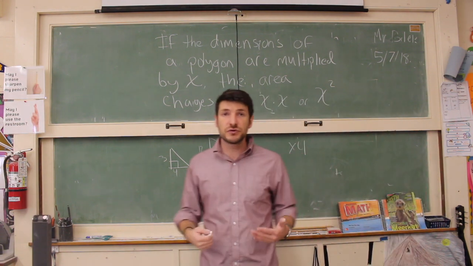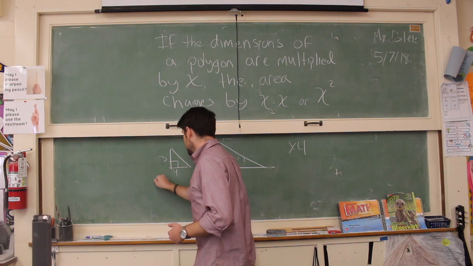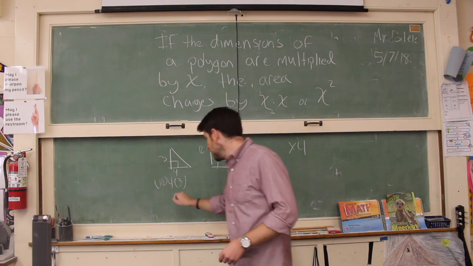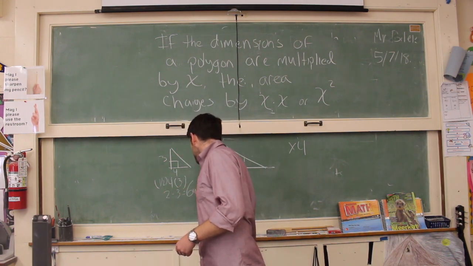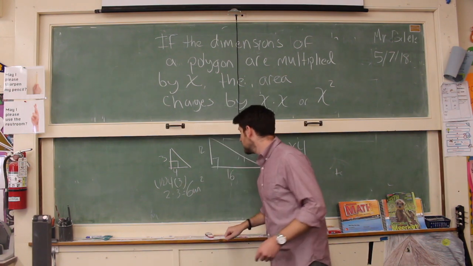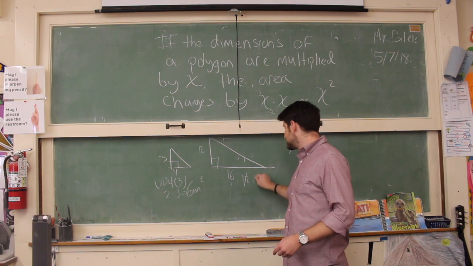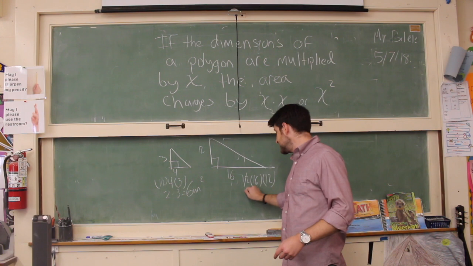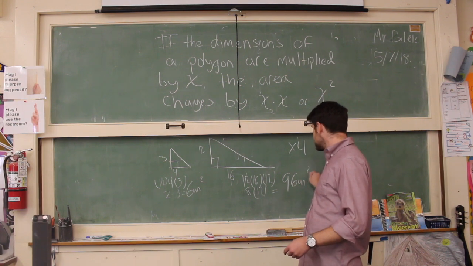The area of a triangle is 1/2 base times height. So 1/2 times 4 times 3. 1/2 times 4 is 2. 2 times 3 equals 6 units squared. Same thing over here: 1/2 times 16 times 12. 1/2 times 16 is 8. 8 times 12 is 96 units squared.